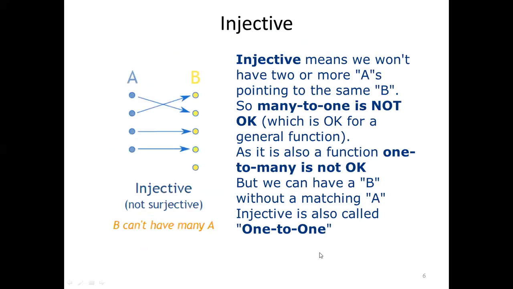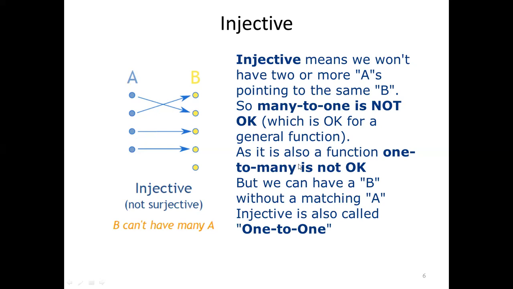Now injective is not surjective. Here B cannot have many A's. So the pointing from set A to set B is only one. From set A you cannot have multiple arrows coming to set B. Injective means we won't have two or more A's pointing to the same B. So many to one is not allowed in injective.